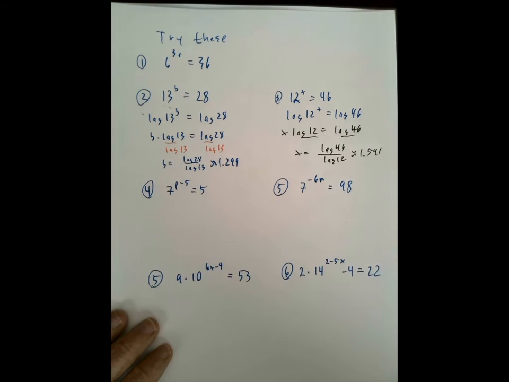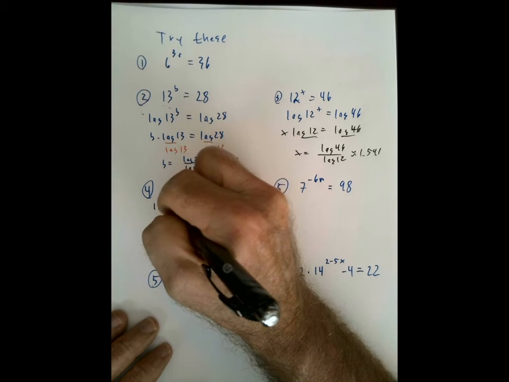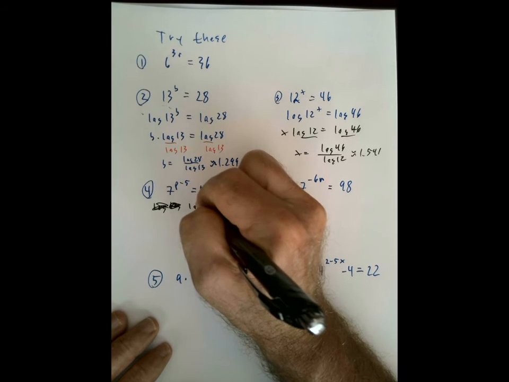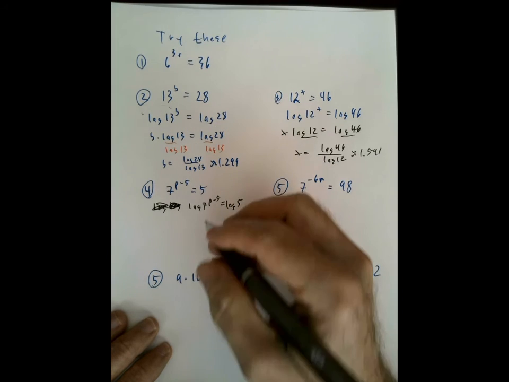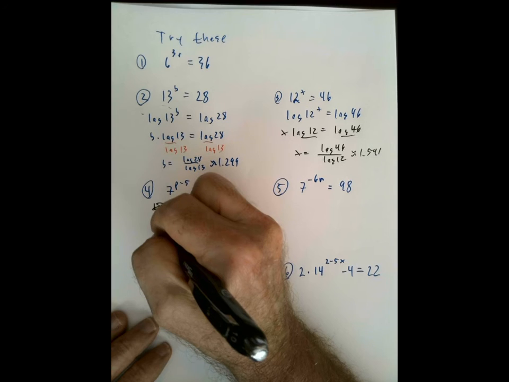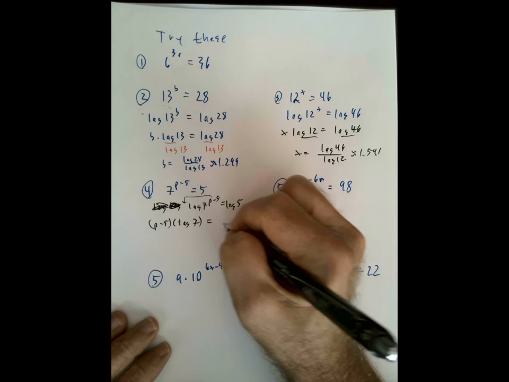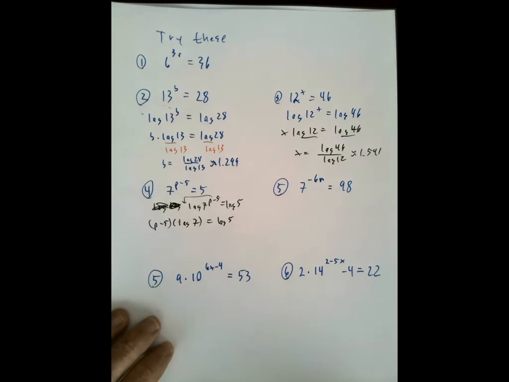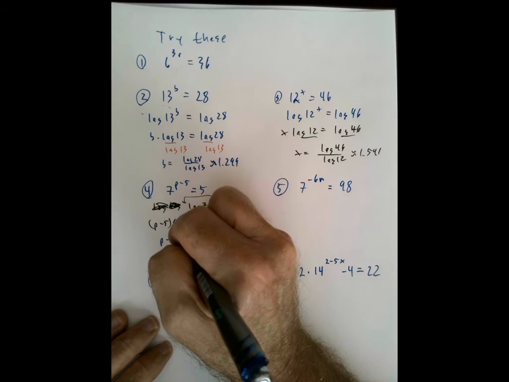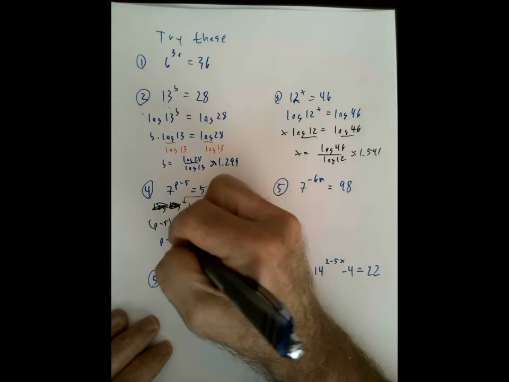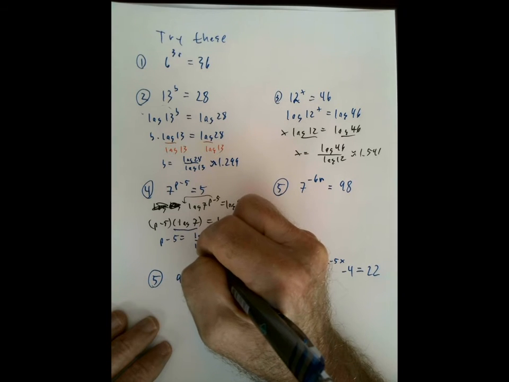This guy here, we log both sides. Right, p minus 5 swings out front. It's all one number. So p minus 5, dividing both sides now by log 7, is equal to whatever log 5 divided by log 7 is.